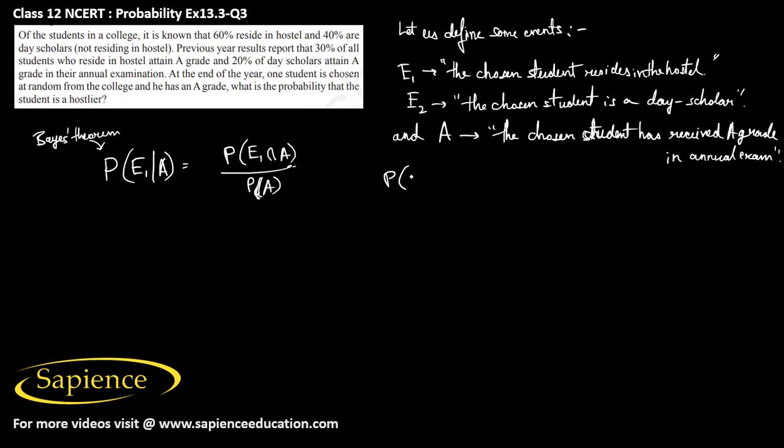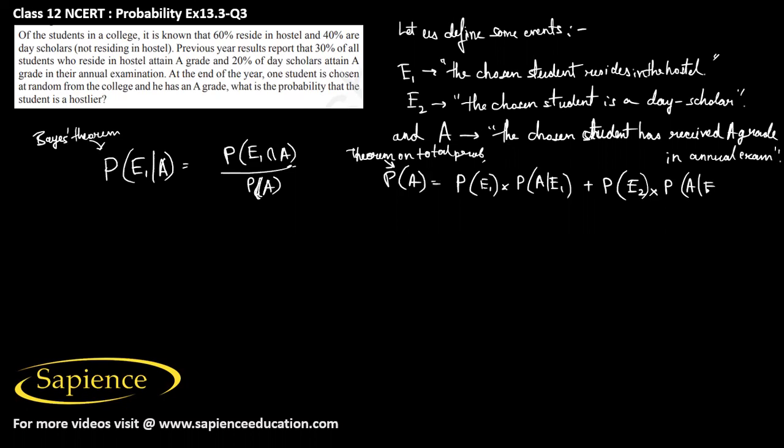So to find P of A, we have to apply the theorem on total probability. So that will be the probability that the student is a hostelier, means P of E1 times the probability of A given E1, plus the probability of E2 times the probability of A given E2.